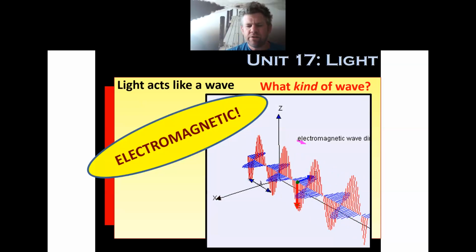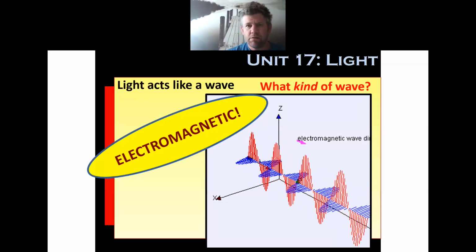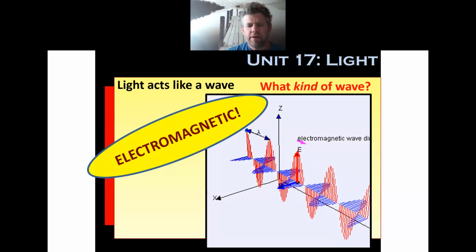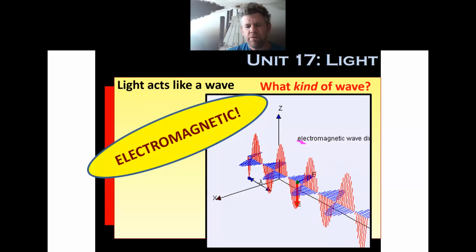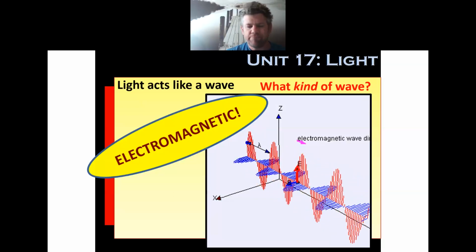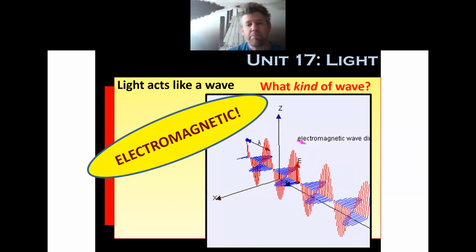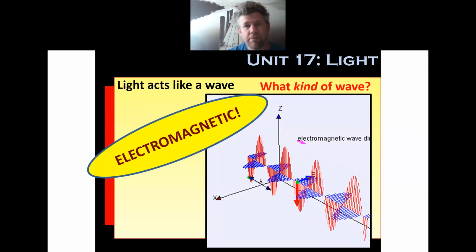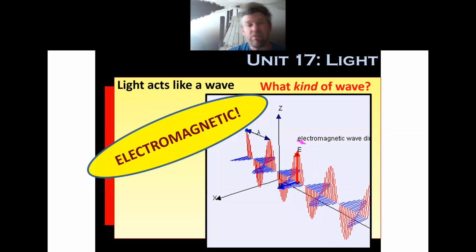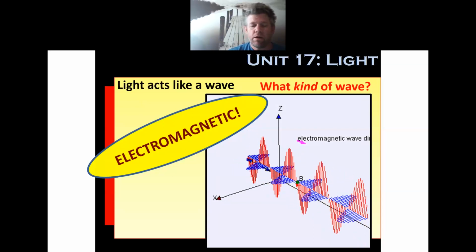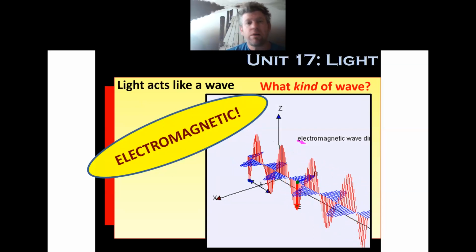You're also going to see it's got an E and a B. Now, if you remember back to previous chapters, that B, as it's moving there left and right on that x-axis, is the magnetic field. The E, as it moves on the z-axis, so to speak, is our electric field.